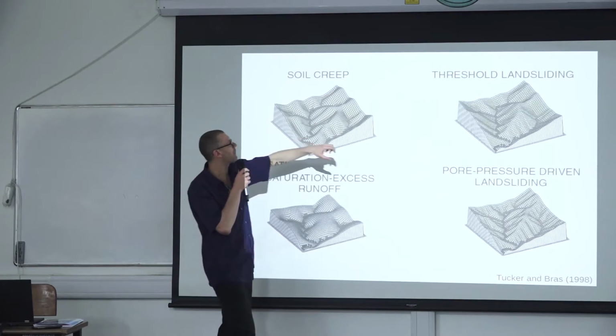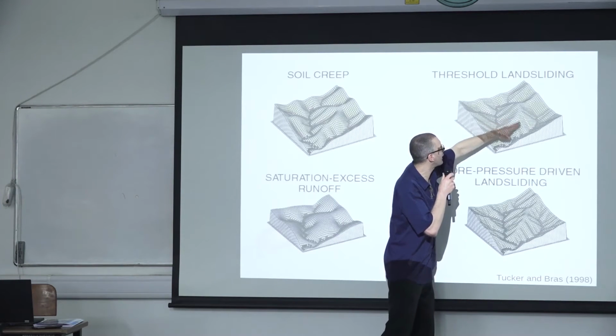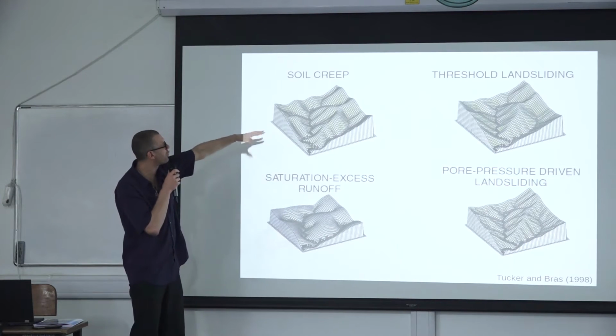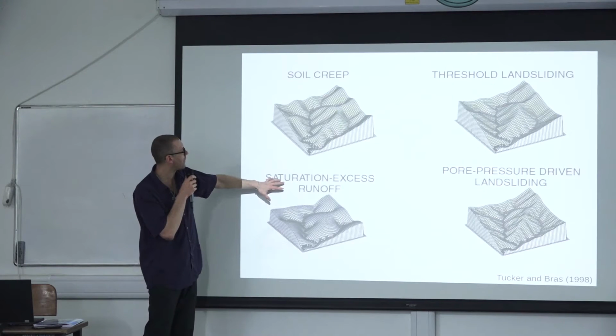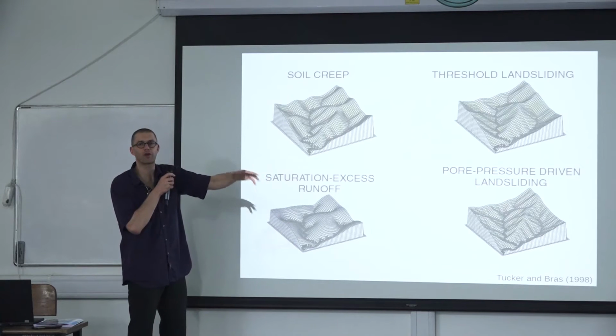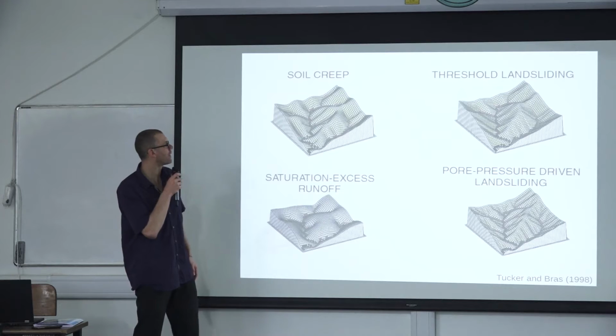If we allow landslides to happen, we see that the terrain at least is not as smooth as with soil creep. We can also say that the landscape doesn't allow water to infiltrate, so all the surface flow occurs, and that essentially generates a very, very smooth surface.